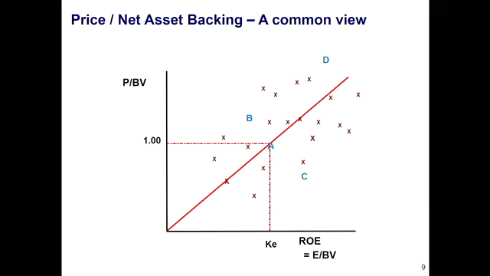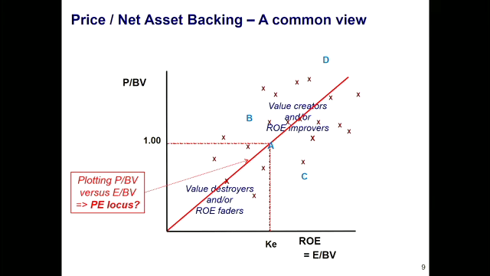So if we plot the price to book value ratio over return on equity. Return on equity, that's just the ratio we calculate by dividing the earnings with book value of equity.